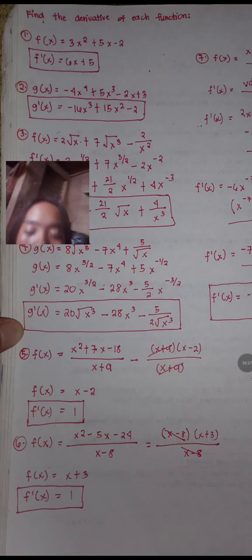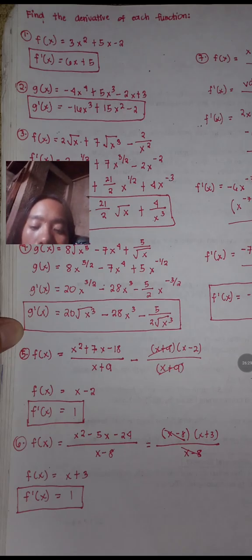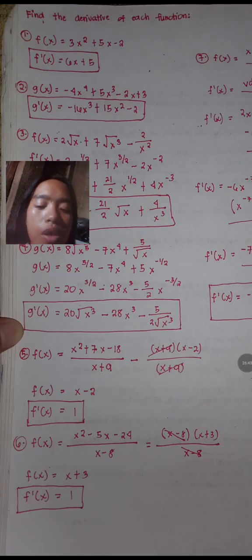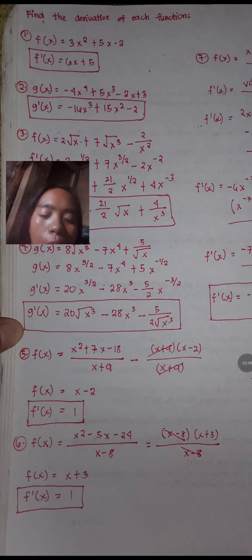Number 6, f of x is equal to (x squared minus 5x minus 24) over (x minus 8). When you see this kind of problem, you can make it into simplest form, which is to factor x squared minus 5x minus 24 into the quantity of x minus 8 times the quantity of x plus 3, all over x minus 8.